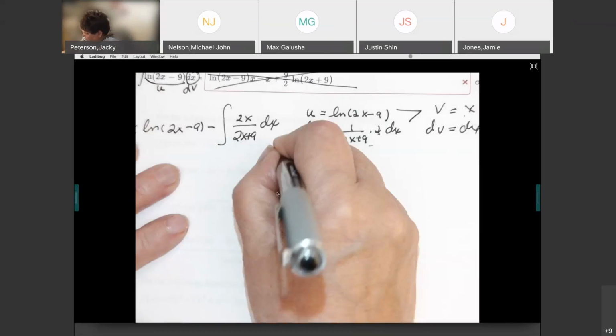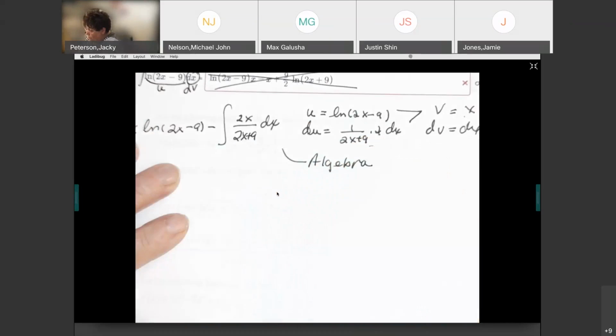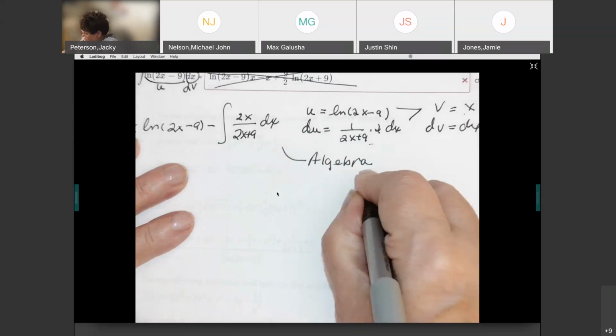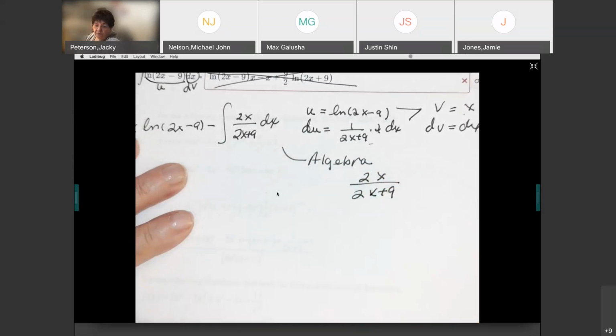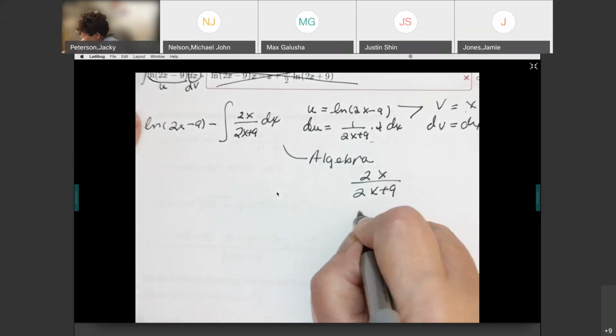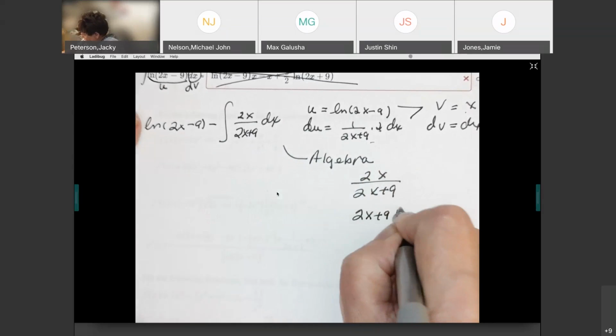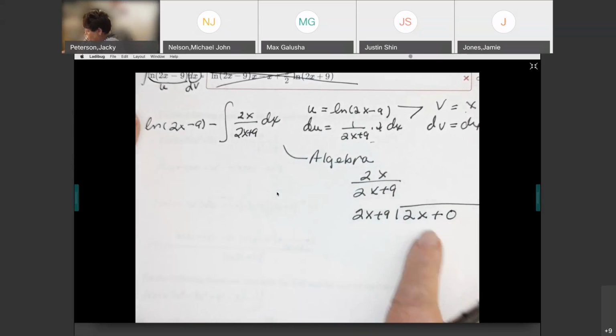This basically is algebra for that integral, because this is 2x over 2x plus 9. So you actually have to perform the division. Then you have something you can do. Because anything after that is going to be 0.